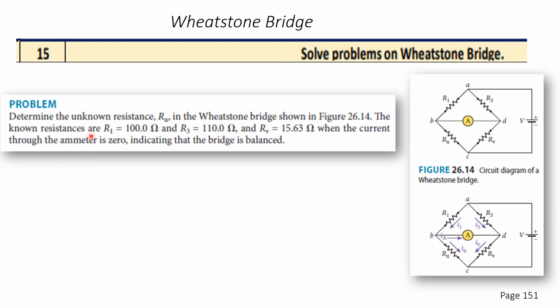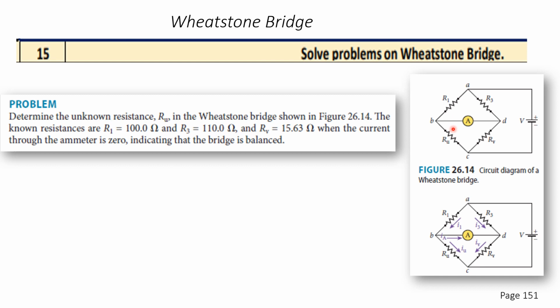The known resistances are R1, which is 100 ohm, R3, which is 110 ohm, and RV, which is equivalent to Ru, here 15.63 ohm. The current through the ammeter is 0. That's what makes the Wheatstone bridge special. The current going through the middle branch where the ammeter is must be 0.